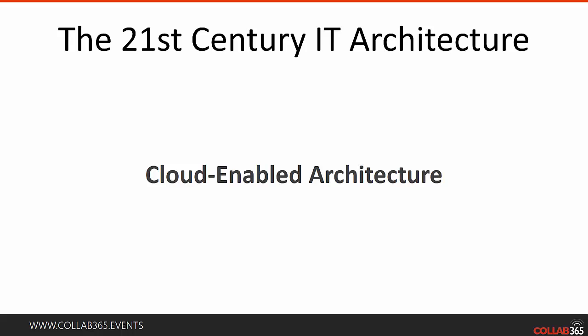Based on our experience from many projects, we came to one conclusion. Nowadays, any IT architecture should be cloud-enabled. What does it mean? We do believe that architecture should be built in a way where we have no boundaries.